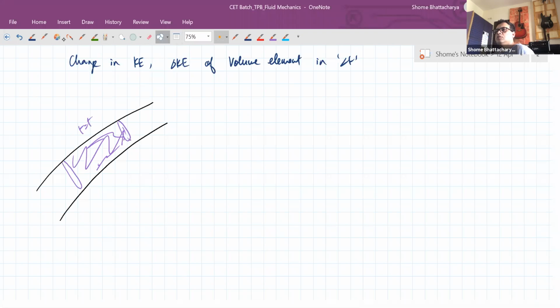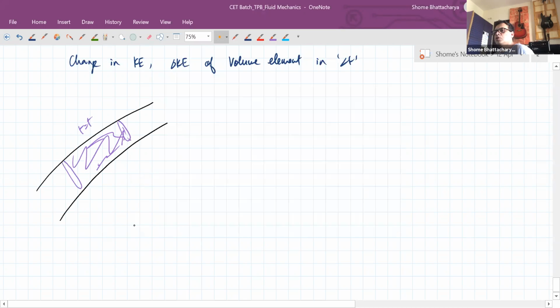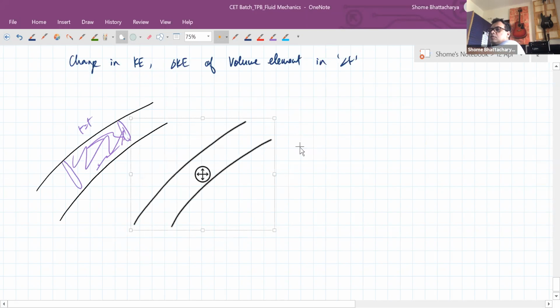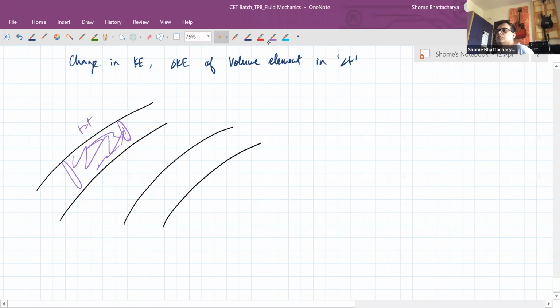Okay. Now a short time later, the volume element has become like this.